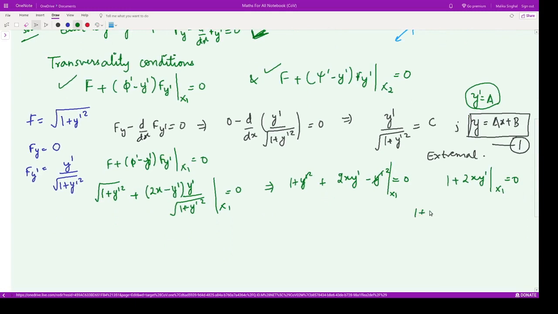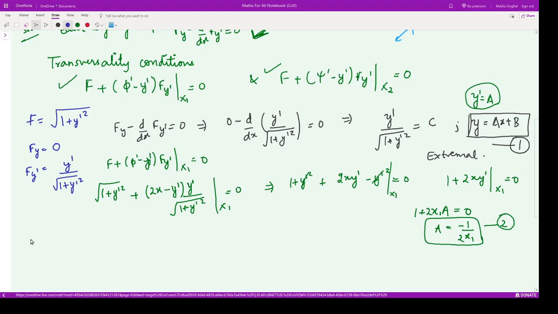So we have 1 plus 2 into x1 times a is equal to 0. From here what you get is a is equal to minus 1 upon 2x1. So this is one condition that we obtain. Mark this as 2.